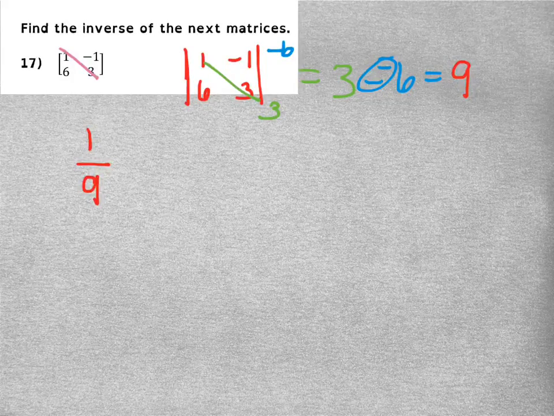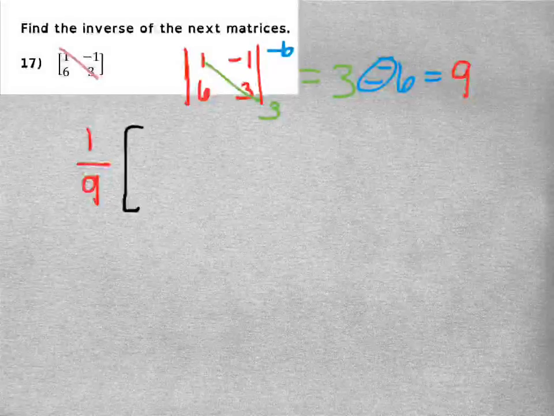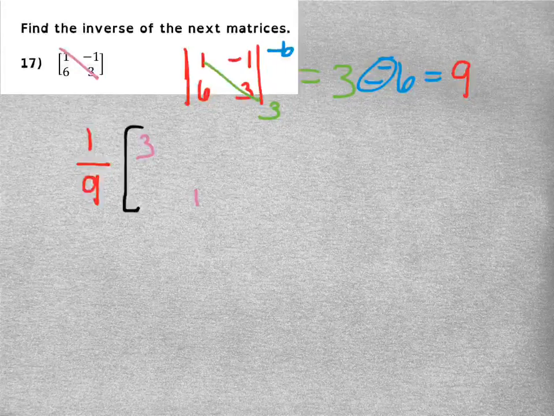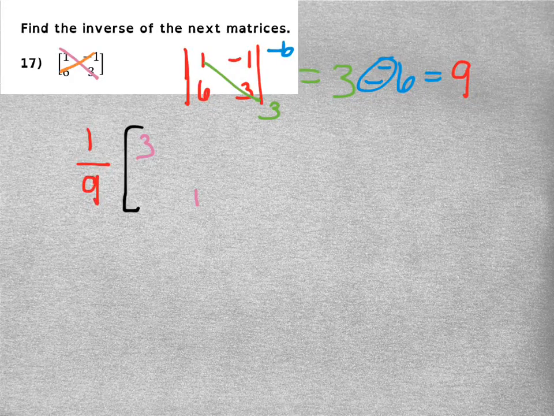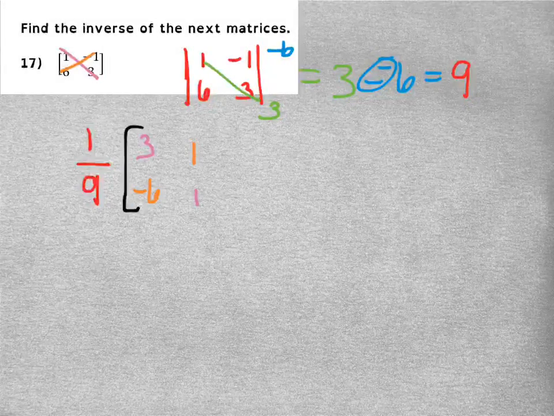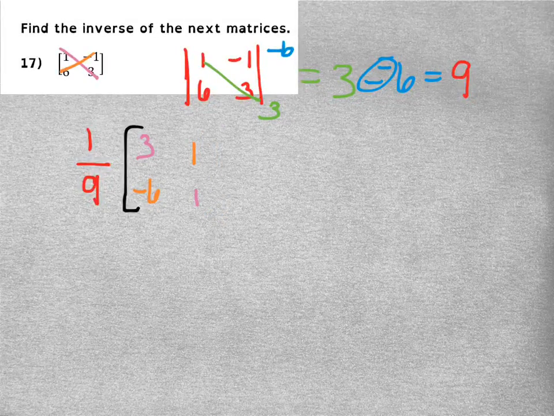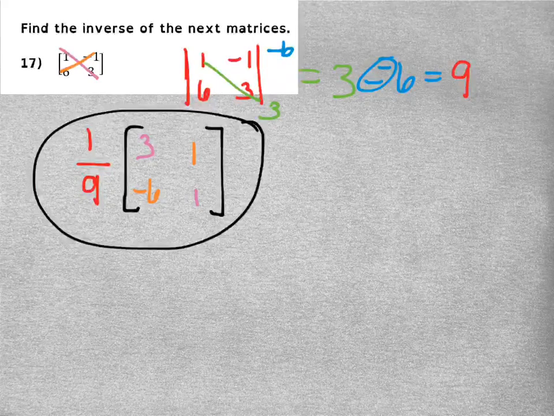And so your matrix is going to be with a 3 in the top left corner and the 1 in the bottom right corner. And the other two change their sign. So these two will change signs. So that's a negative 6 and a positive 1. And I am going to let you leave your answer on the test at this step. You do not have to multiply it through.